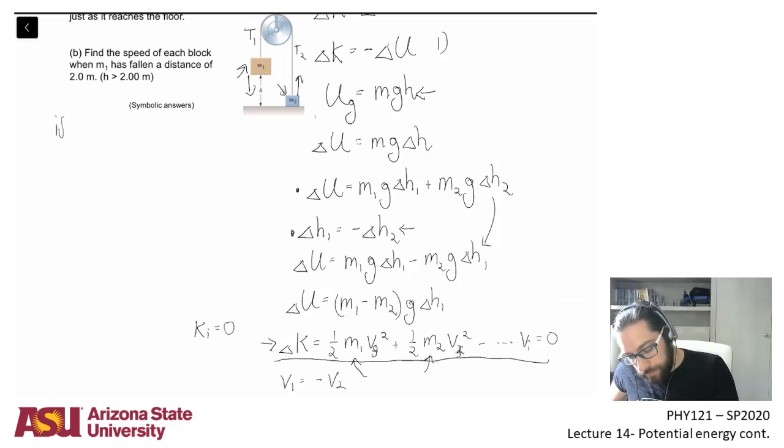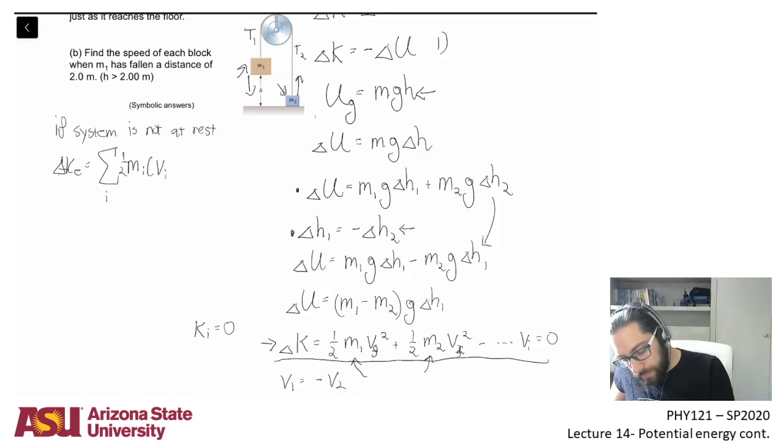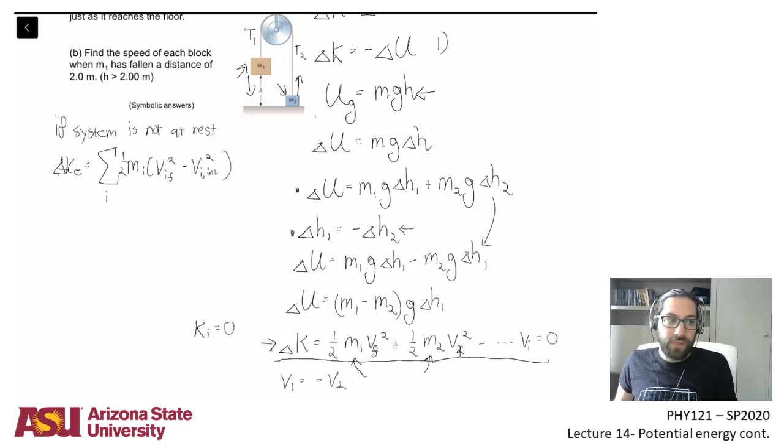Otherwise, if the system is not at rest in the reference frame that you're looking at, then the change in kinetic energy is the sum over all the masses i of one half m delta v squared.